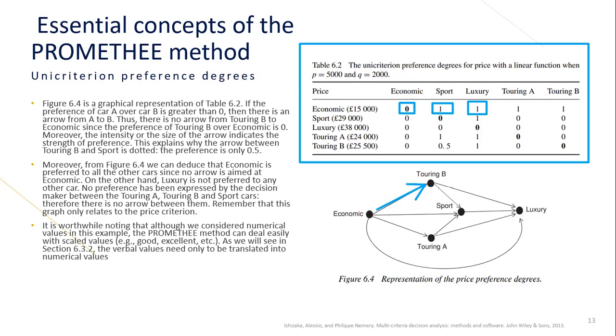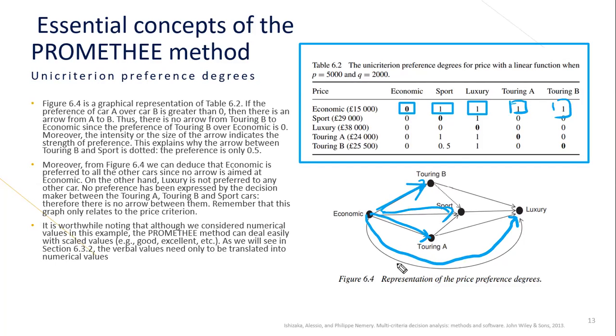Maybe I will draw it here. This one goes here. Okay, and then economic to luxury, economic to touring, you will have another graph here. Economic to sport is this one.